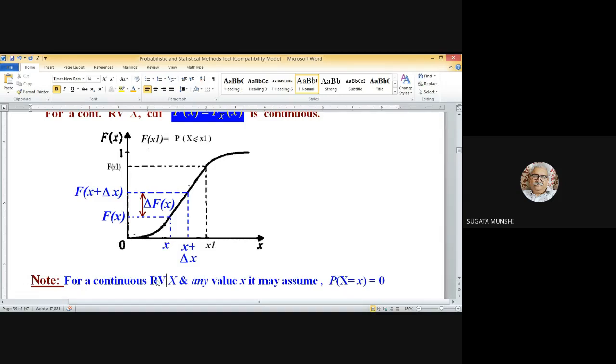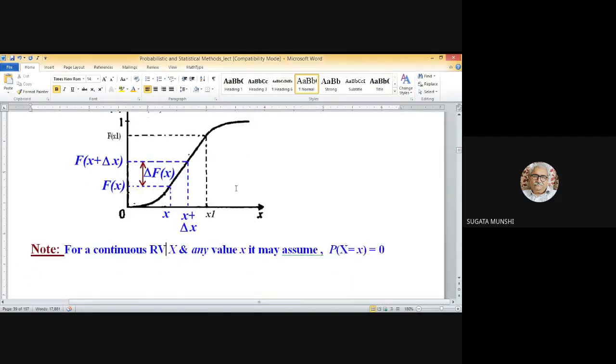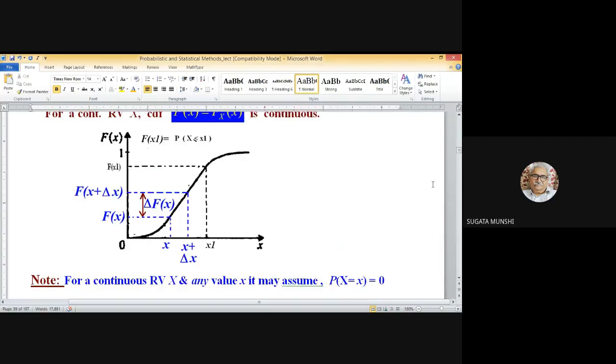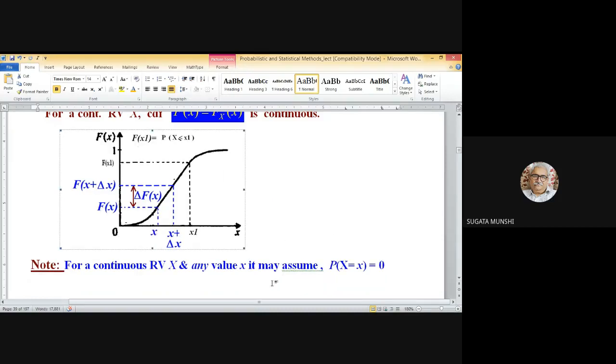How do you explain this paradox? This is quite important thing.